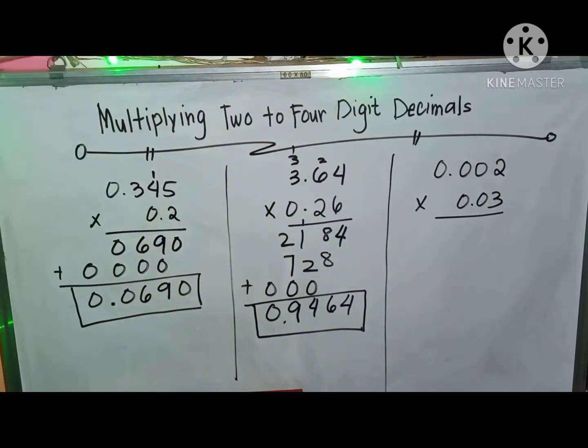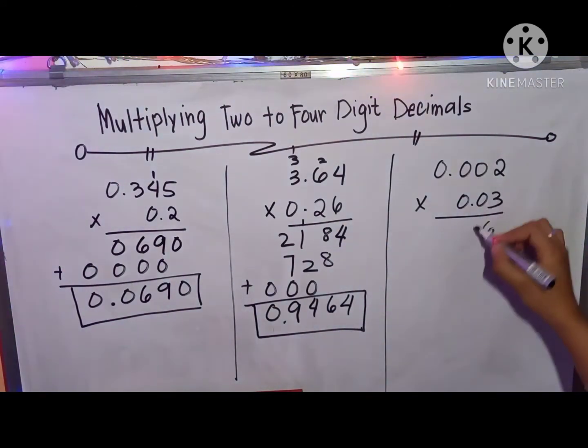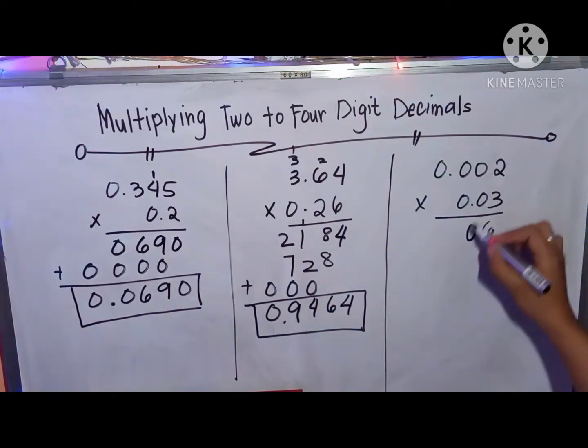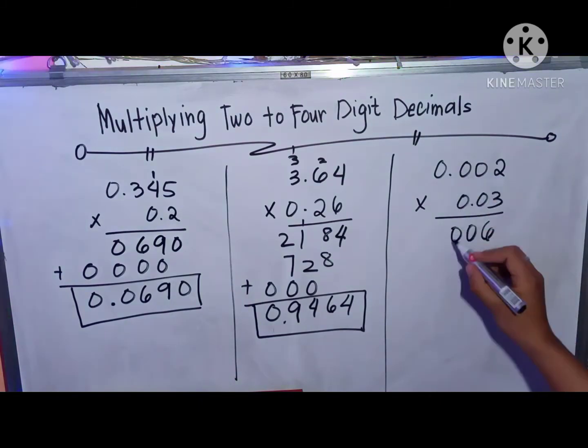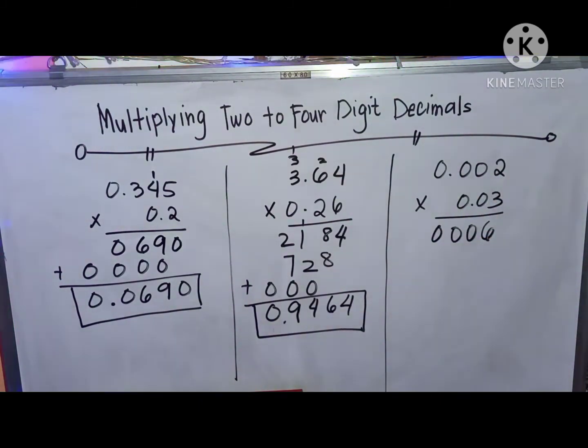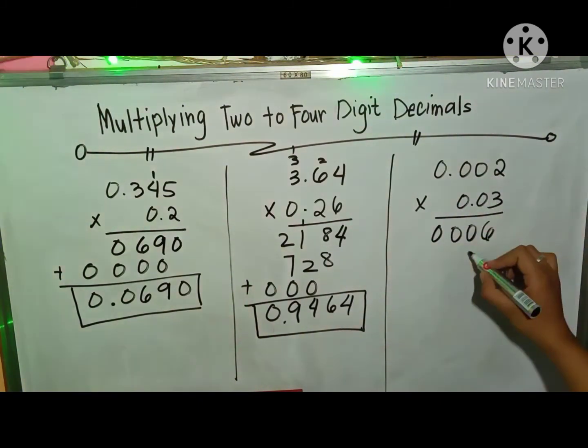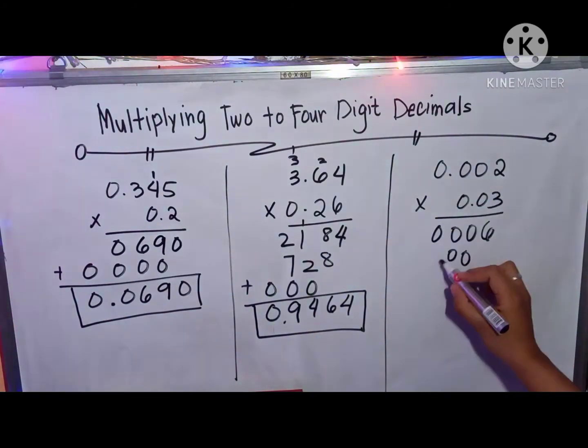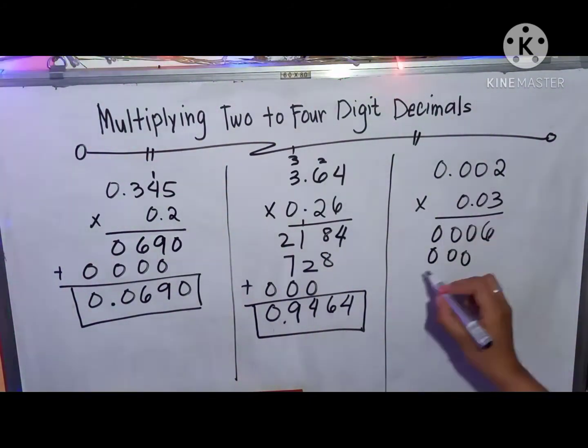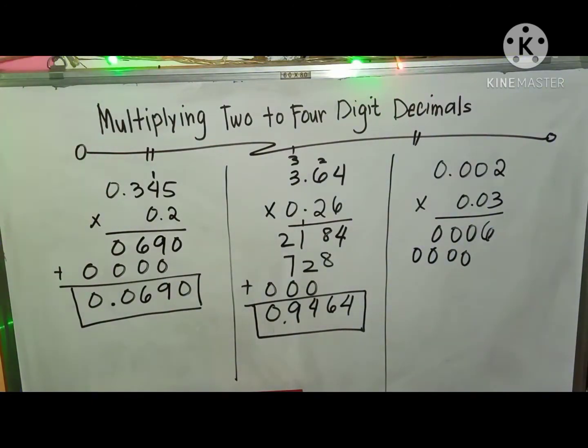Okay, so for our last example, same step or process that we are going to use. 3 times 2 is equal to 6. 3 times 0 is equal to 0. 3 times 0 is equal to 0. And 3 times 0 is equal to 0 pa rin. Next, 0 times 2 is equal to 0. 0 times 0 is equal to 0, and so on, all zeros.